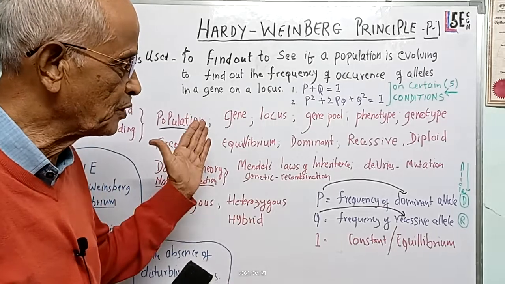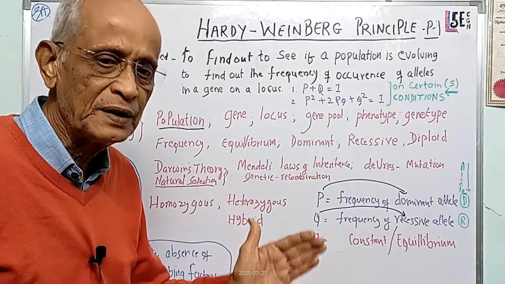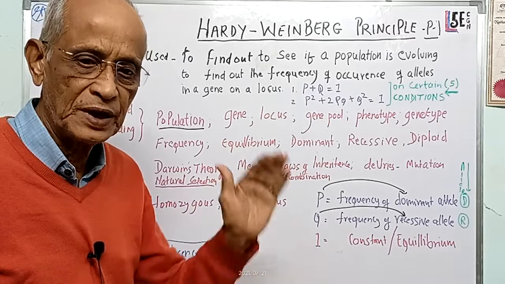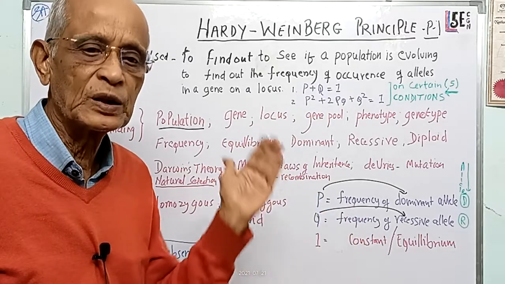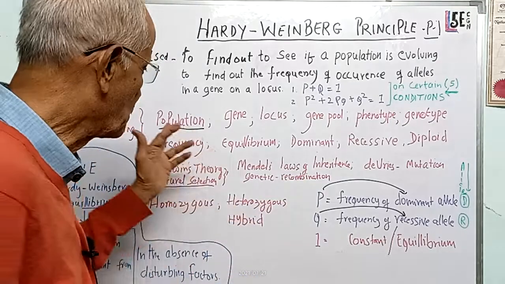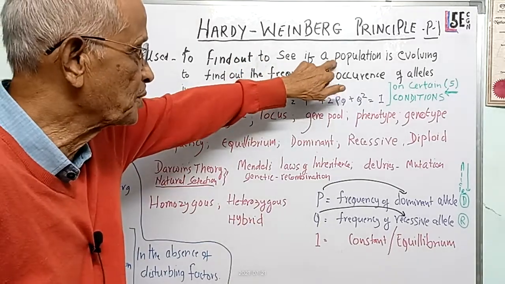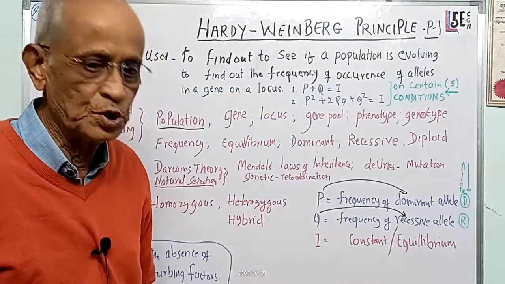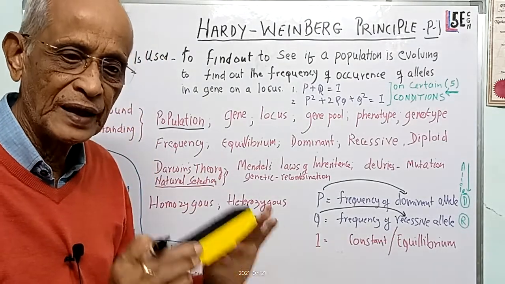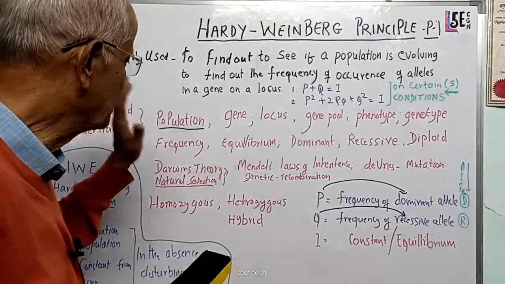So population, when we say it, refers to a group of similar species living in a similar geographic area which they can interbreed. That is the correct biological meaning of the word population. So they are talking about that type of population here. When they say population, they live in the same geographic area, belong to the same species, and can interbreed among themselves.